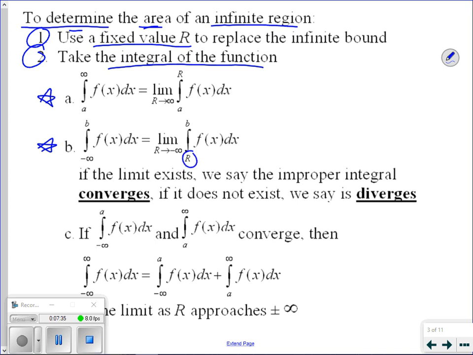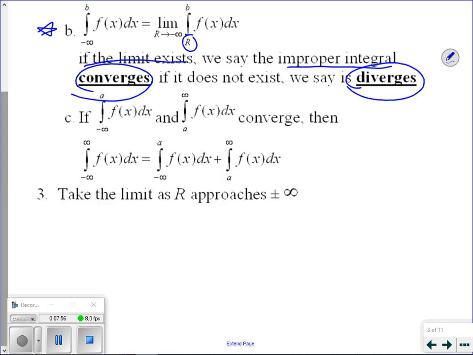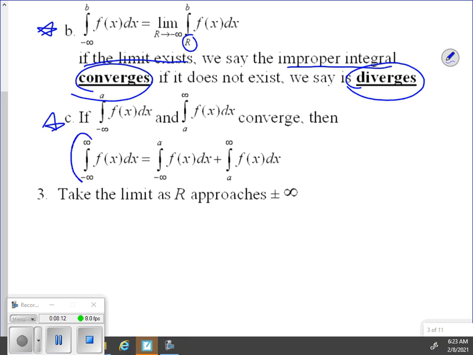If we go through it and we are able to compute the limit, then we say that this improper integral converges. If it does not exist, and we'll see plenty of those examples today, then we say that it diverges. We looked at A, which is similar to B. C is mostly an example of how to deal with infinite bounds on both sides.